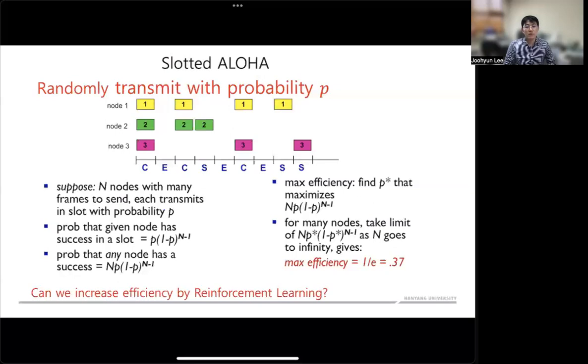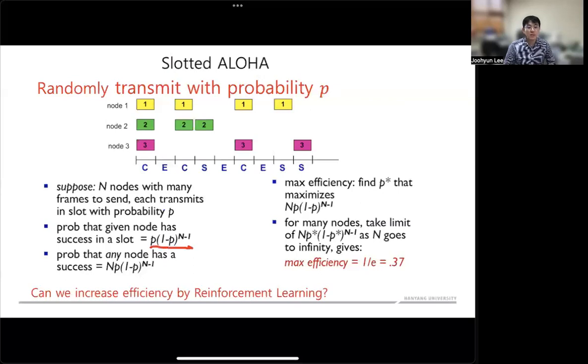But if you assume that each node uses the same probability, then based on some probability theory, the probability that a given node has success in a slot is given by p times (1 minus p) to the N minus 1, where large N is the number of nodes that transmit with probability p.